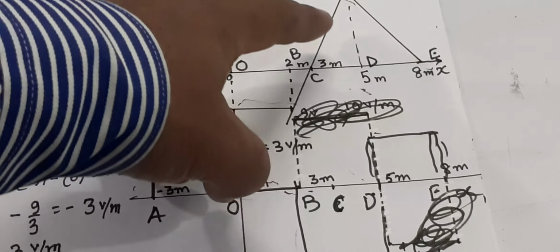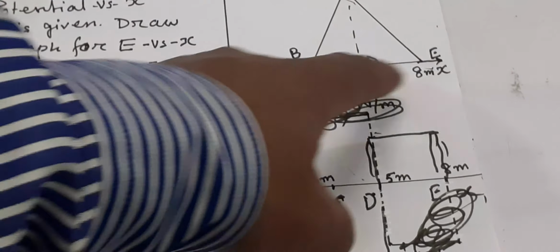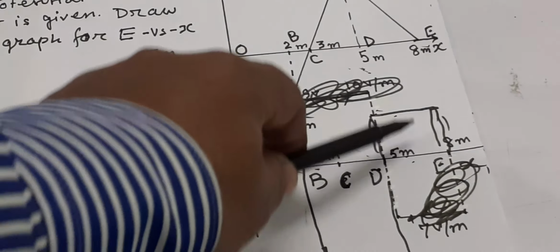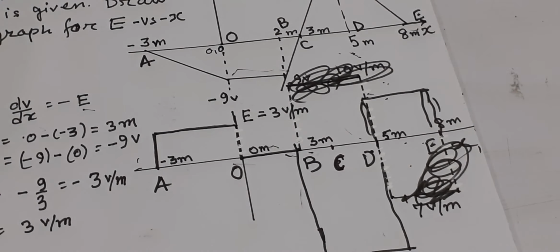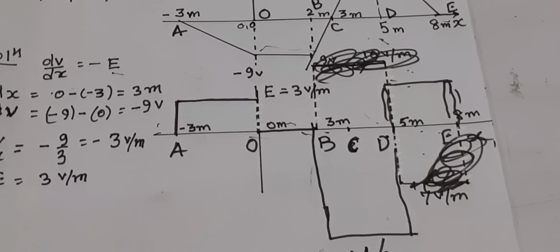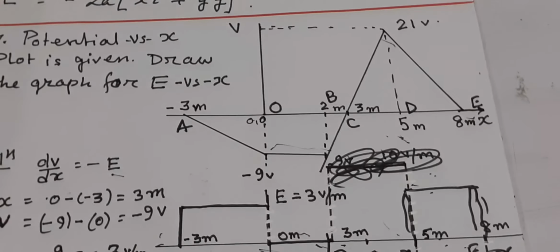Here it is 21, here it is 0, dV is 21 divided by 3, that is 7 volt per meter. This magnitude will be 7 volt per meter. This is a very good job, but due to some reason there was a mistake during the plot.